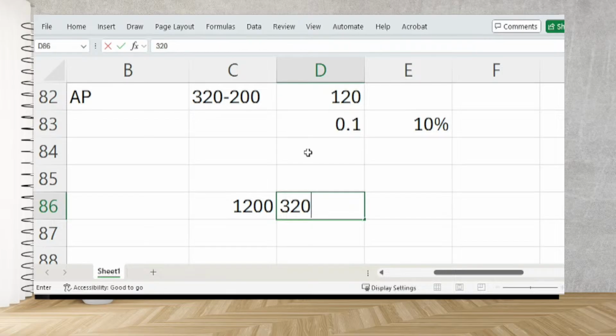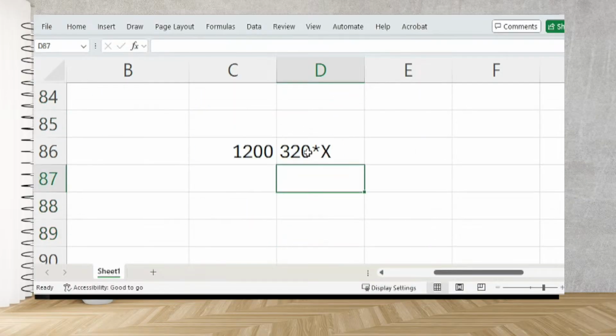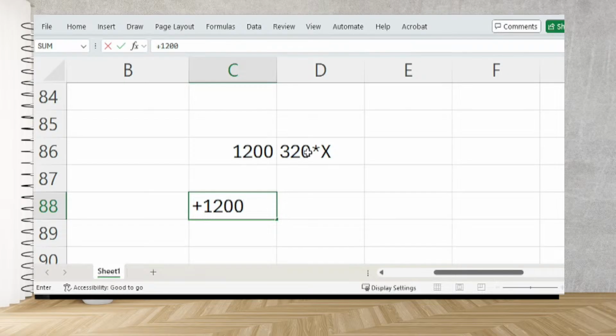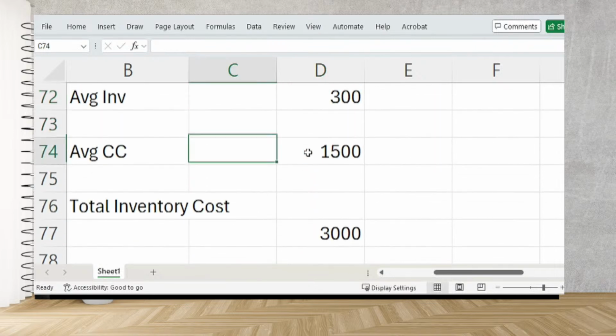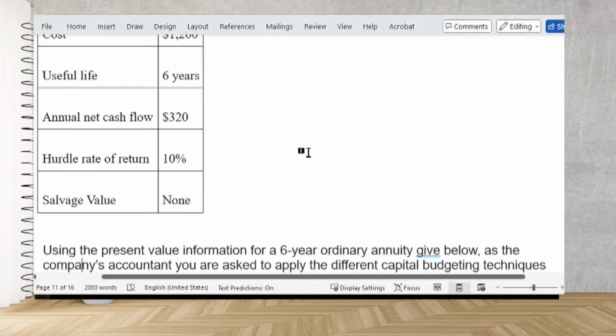And that X should be, we need to see, for the 6 year project life cycle. So it should be 1200 divided by 320, which is 3.75. Where can I get the 3.75 in a discounting table?